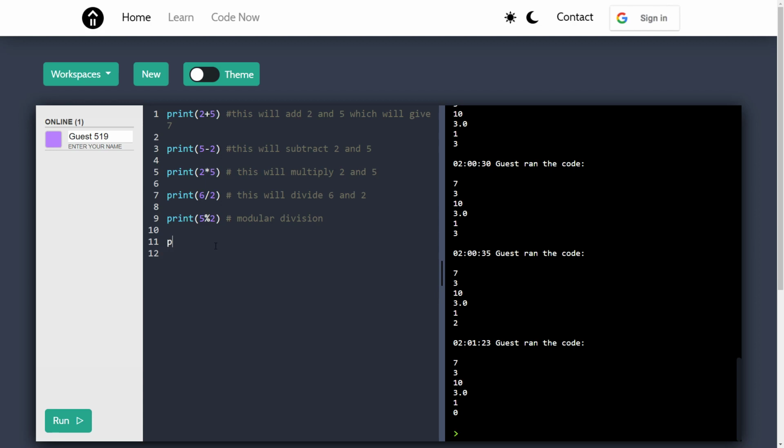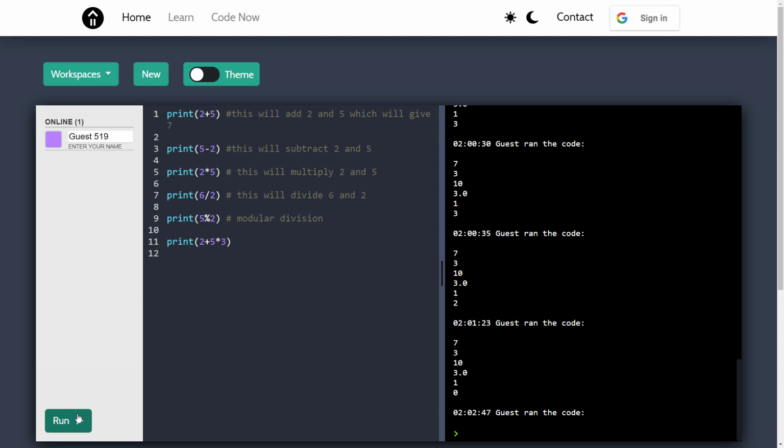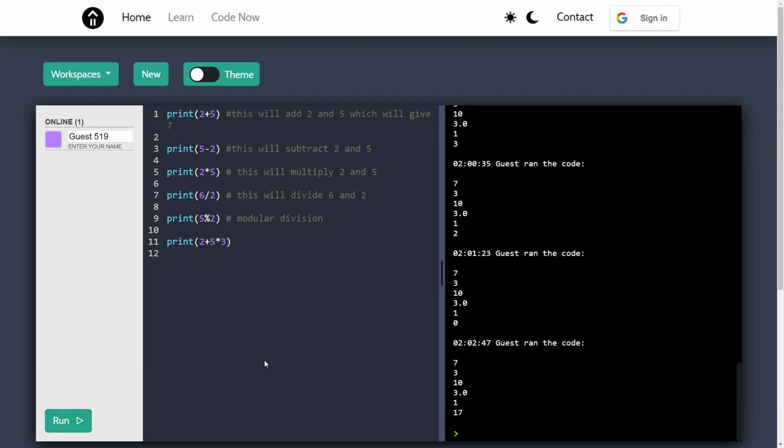So for example, I have print 2 plus 5 times 3. Now, some people may get confused and say, okay, 2 plus 5 is 7, 7 times 3 is 21. And they'll be like, okay, the answer should be 21. No, that is not how it works. Instead, it will do the multiplication first, which is 5 times 3, 15, and then we'll add 2, which is 17. Sorry about that.